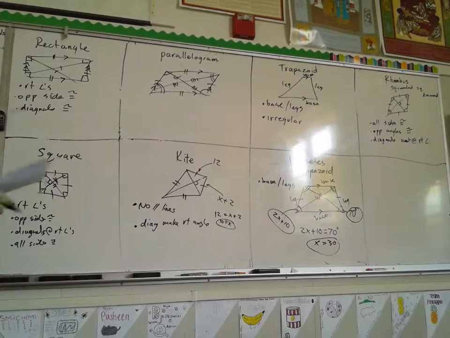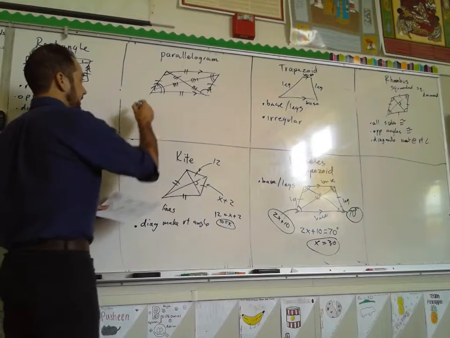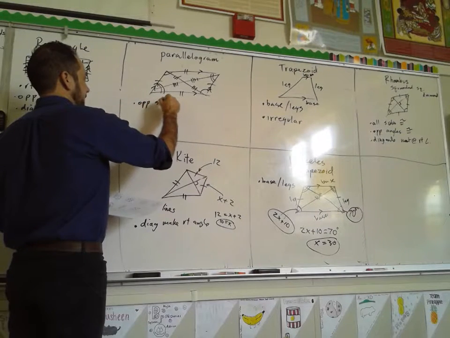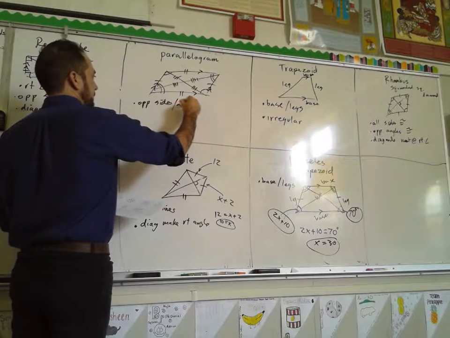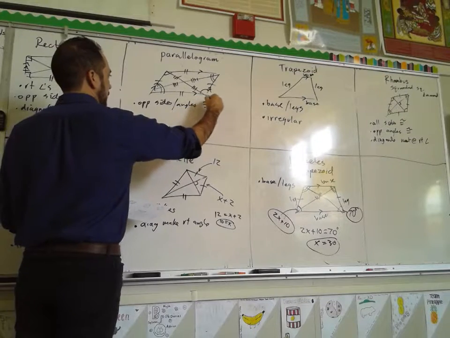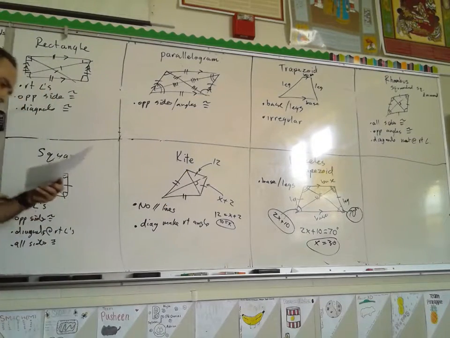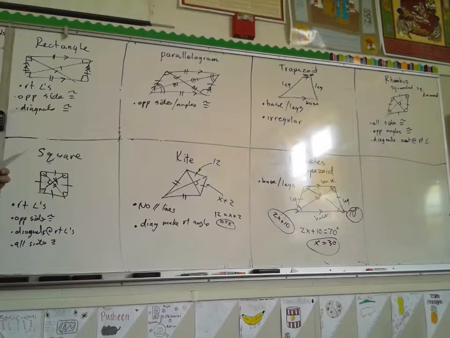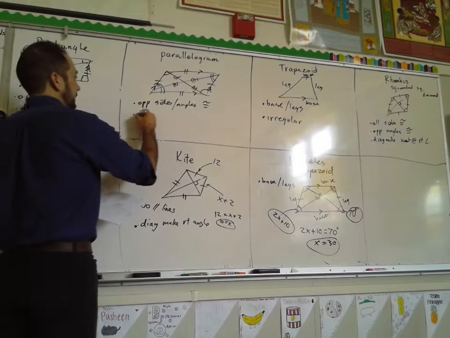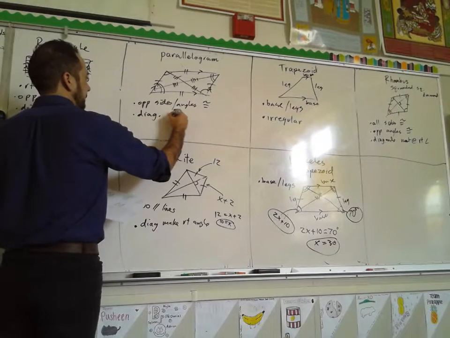And let's just break down what this has here. We have opposite sides and angles are congruent. And let's see, you could say diagonals bisect each other.